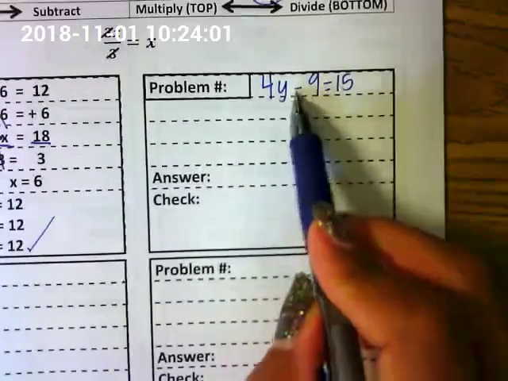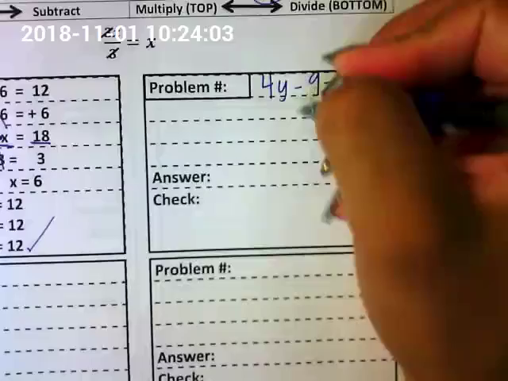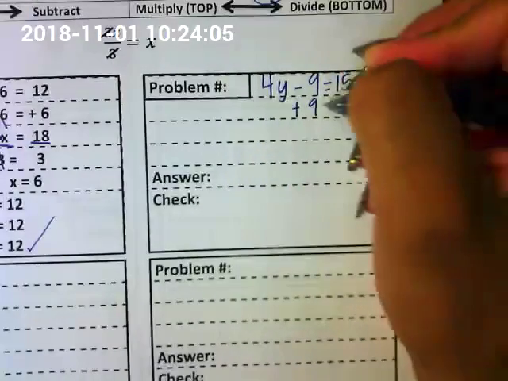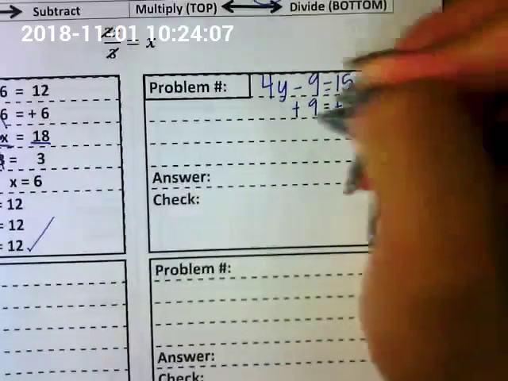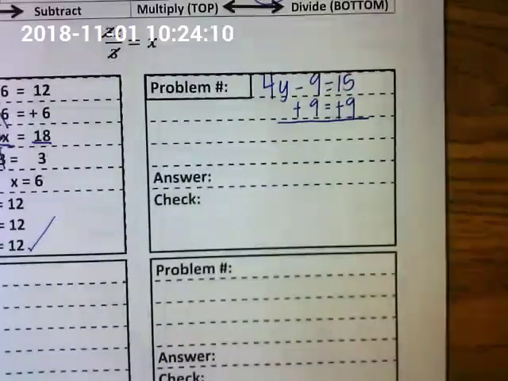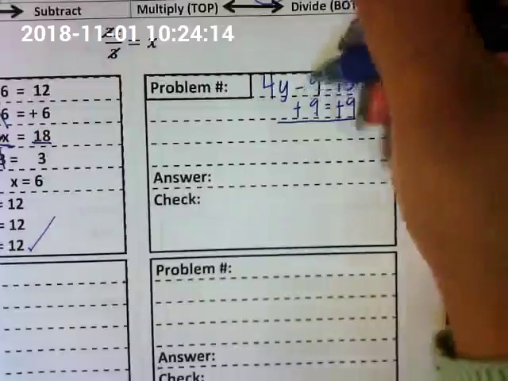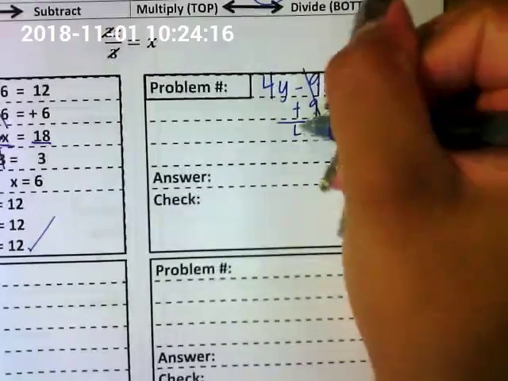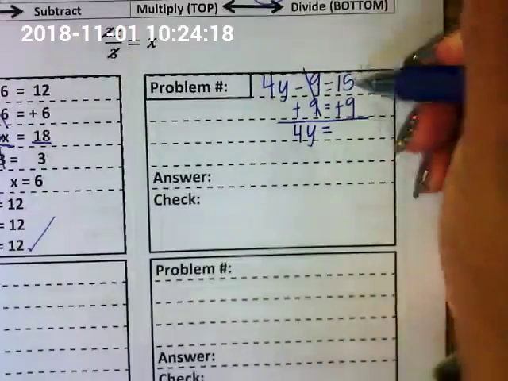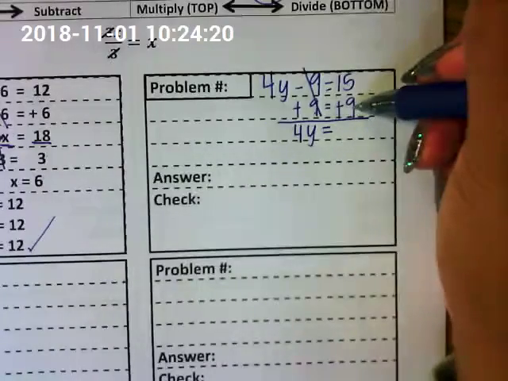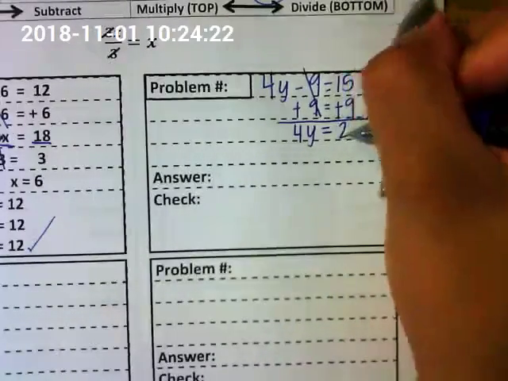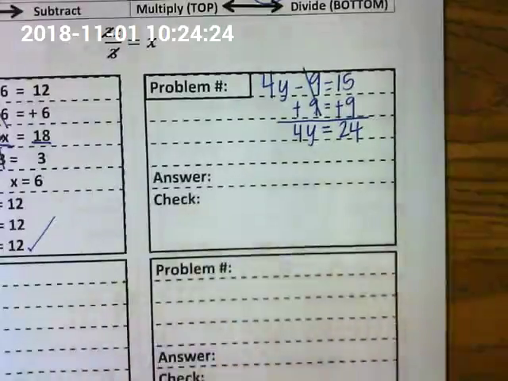So what's the opposite of subtraction? Addition. So I'm going to add 9 to both sides of my equation. And negative 9 and positive 9 make 0. I can bring down my 4y. And 15 plus 9 is 24. That was my first step.